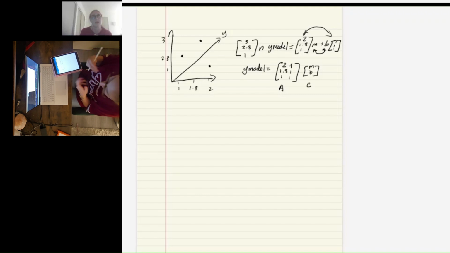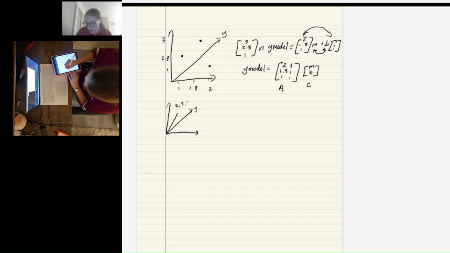Now let's just say we have a different one to expand on this further. So we have our y as well, and then let's say we have a line coming through here, and then this is our 2, 3, and 1. So this is our data we were given.